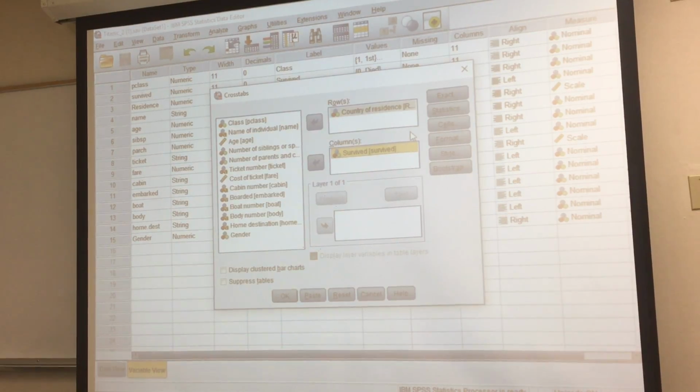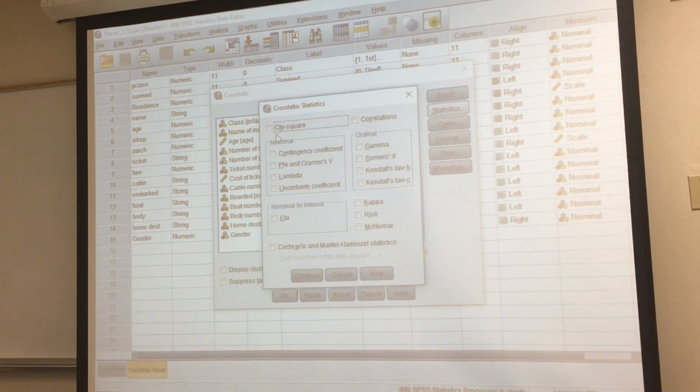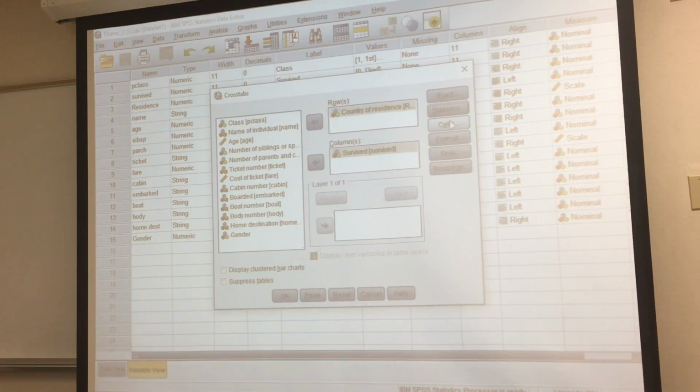And then, wait a second, you need to set this up. You need to click the second button, Statistics, and check the chi-square button, so it shows the chi-square test results, and click Continue.